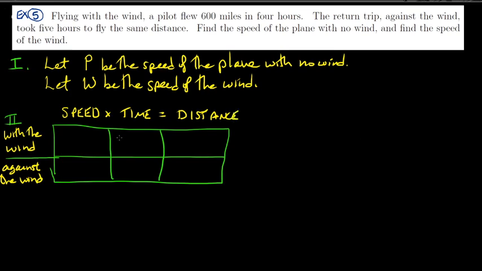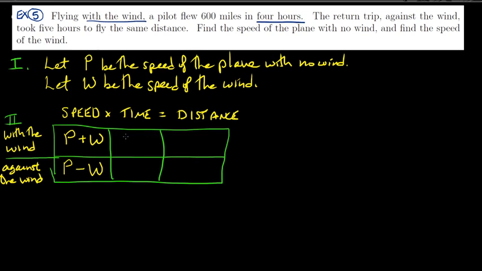There we go. So the speed of the plane is p, but if you're going with the wind, you're going to add the speed of the wind. You're going in the same direction as the wind, so you're going faster. If you're flying the plane against the wind, you're going to slow down. The wind is going to slow you down. So p minus w. The time, let's read the question carefully. 4 hours going with the wind.